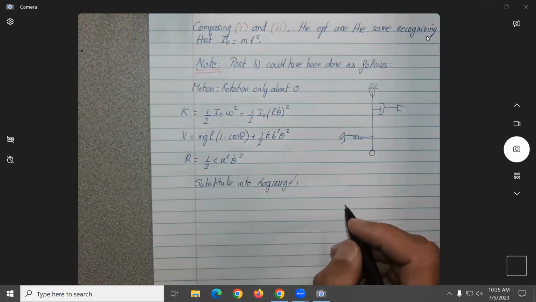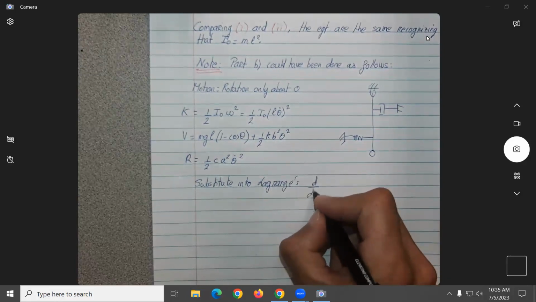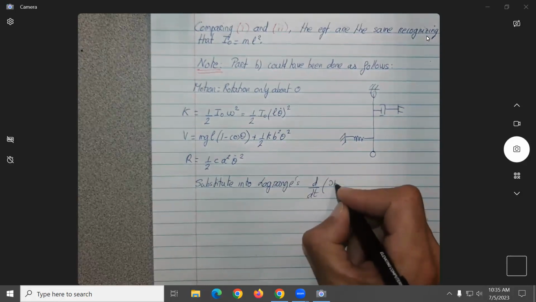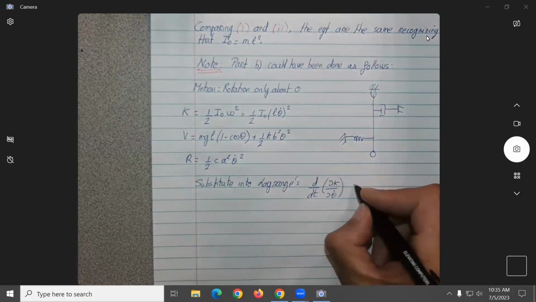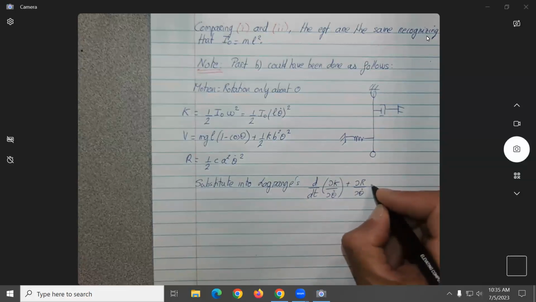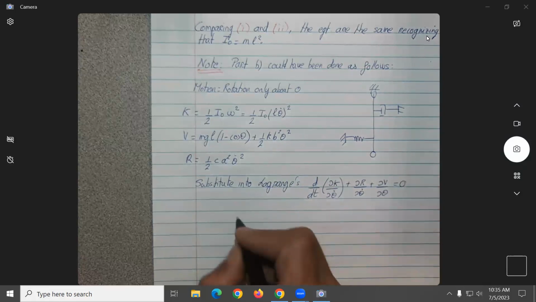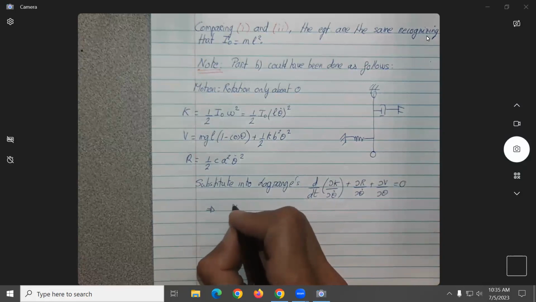into Lagrange. Okay, let me just rewrite the Lagrange again. d/dt of partial K over partial theta dot, plus partial R over partial theta dot, plus partial V over partial theta, equal to 0. In that case, we'll have obtained exactly the same equation that we had before.